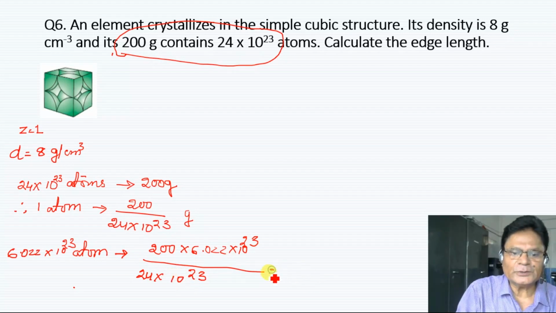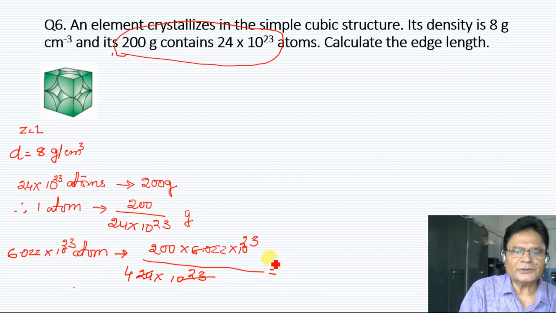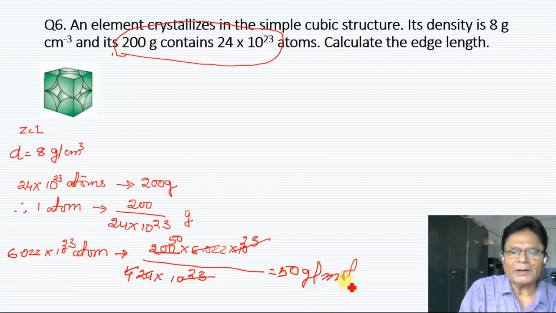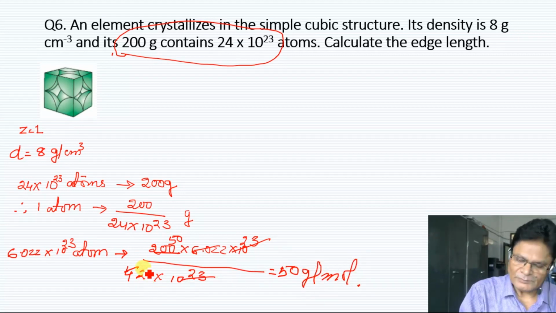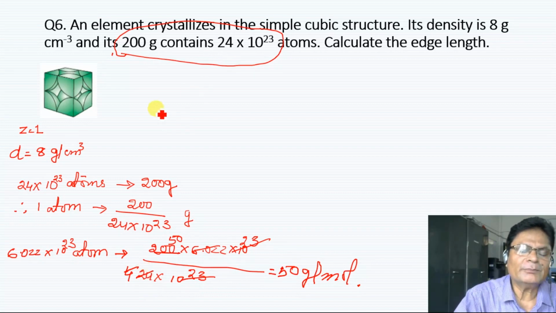So 10 to the power 23 cancels 10 to the power 23, 4 cancels 200, 50. So 50 gram per mole, molar mass.